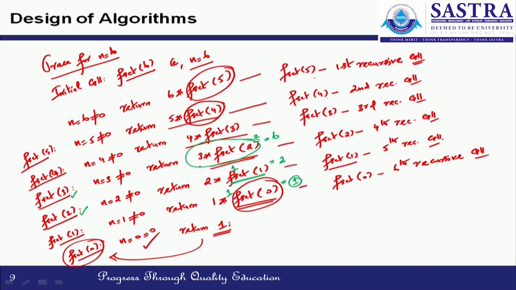Next, who is the caller of this fact of 3? Here return 4 into fact of 3. 4 into the return value 6 is 24. Then the caller of fact of 4 is this one, 5 into fact of 4. Fact of 4 is 24. 5 into 24 is 120.